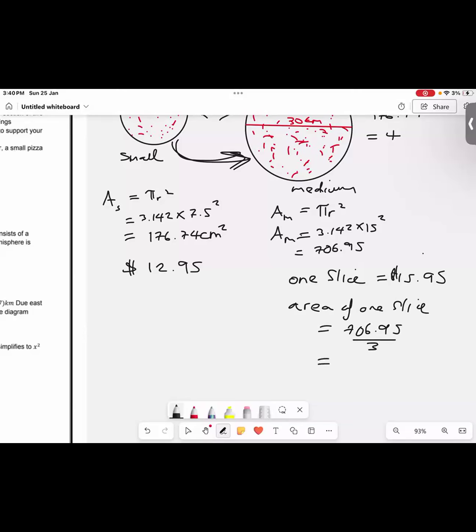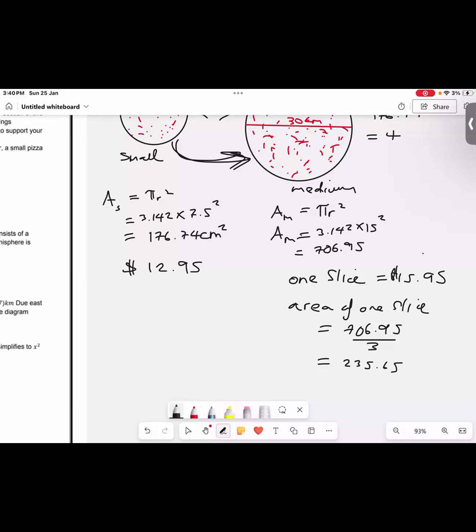Somebody tell me what that answer is. This value that you're going to tell me now is going to be the value that represents one slice of the medium pizza. $235.65. 235.65.